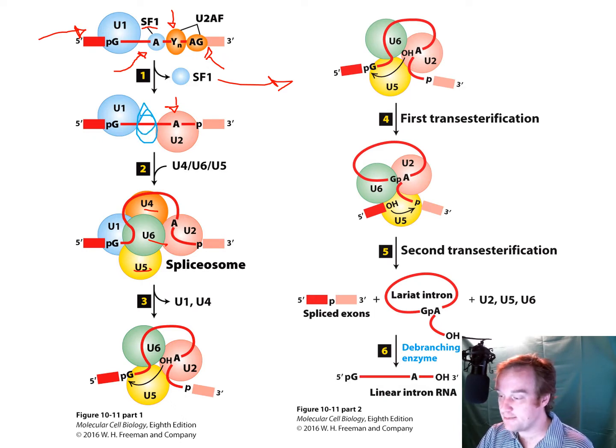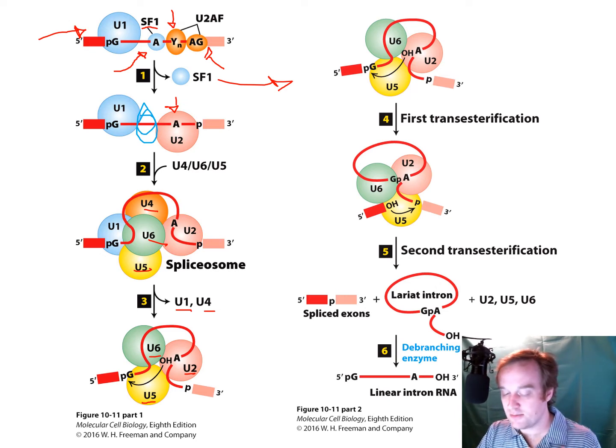So now in step 3, the snRNA base pairing interaction starts to rearrange. And so there is this catalytically active conformation that occurs. When U1 and U4 leave, that frees up U6, which was previously in the middle, U2, and U5 to come together and kind of bend this RNA.